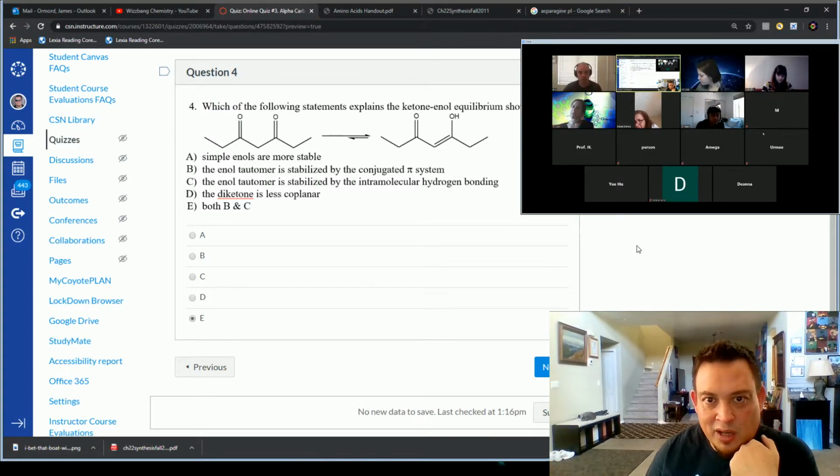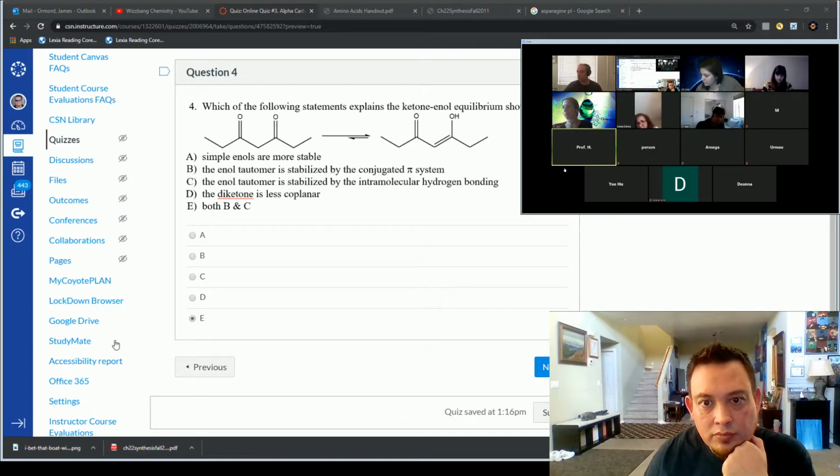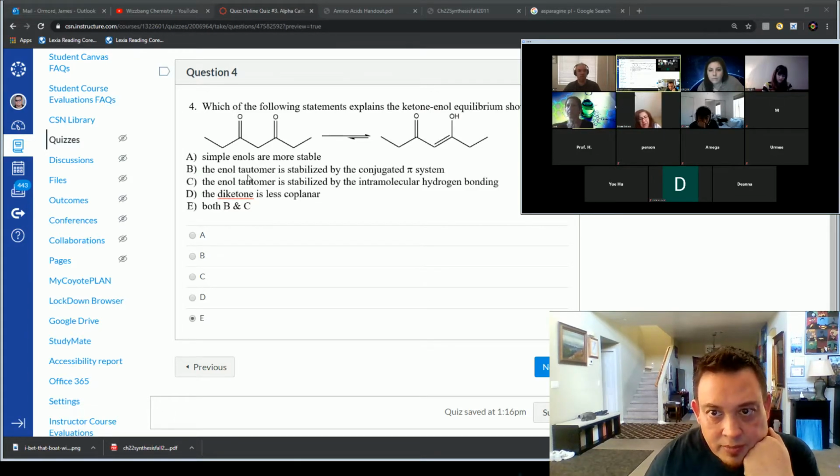When you have a beta diketone, 75% of the time it's in the enol form in the bottle, and only 25% of the time it stays in the diketone. So yeah, B and C are correct here.